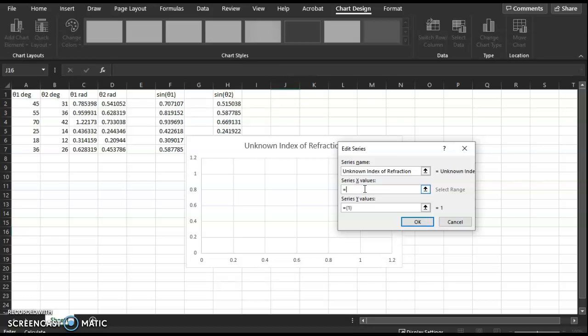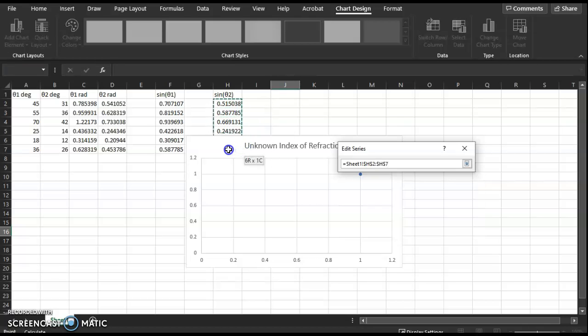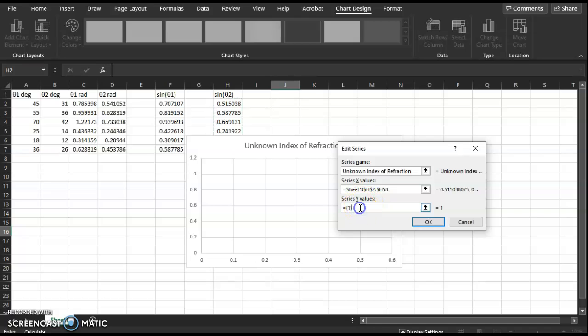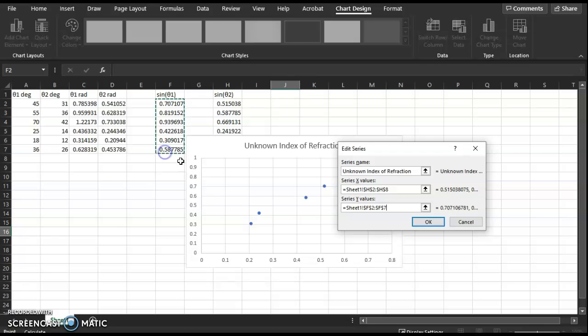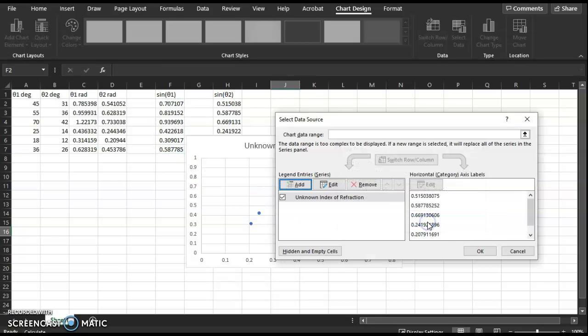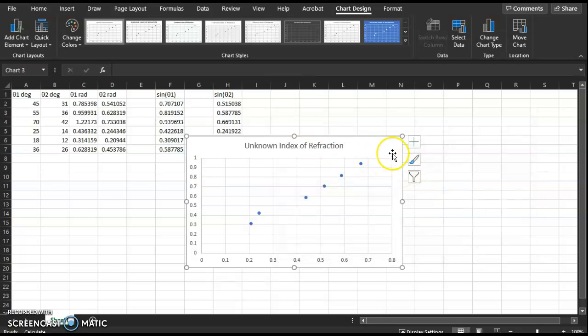For the series x values, click the equal sign. Remember we're going to do N1 sine theta 1 divided by sine theta 2, so sine theta 2 will be our x values, this goes to row 7. Sine theta 1, these will be our y values. And you hit OK and OK.